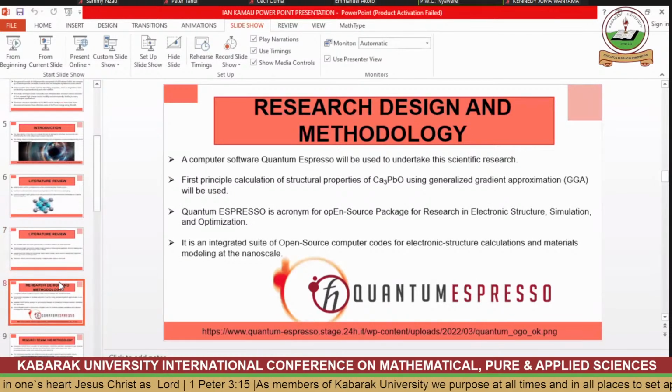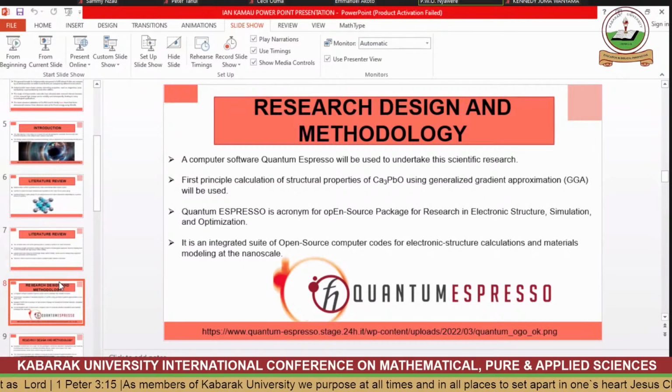So, research design and methodology. A computer software, Quantum Espresso, will be used to undertake this scientific research. First principle calculation of structural properties of calcium lead oxide using generalized gradient approximation, GGA, that's an abbreviation, will be used.